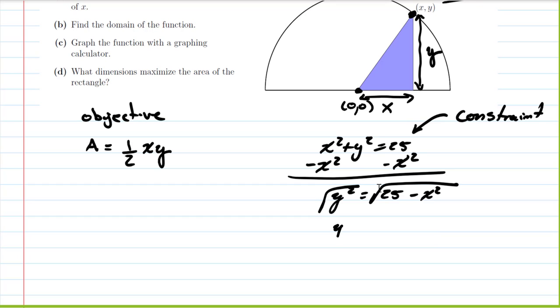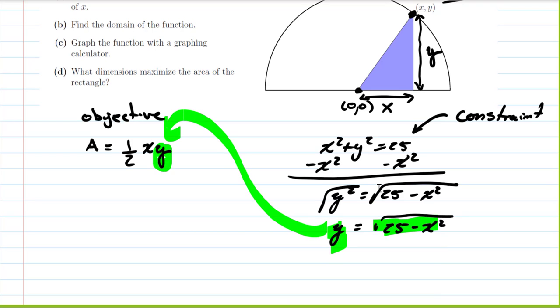We take our square root, so y is the square root of 25 minus x squared. And once again, we're going to substitute this into our objective function. So that gives us the answer to part A. So it's 1/2 x times the square root of 25 minus x squared.